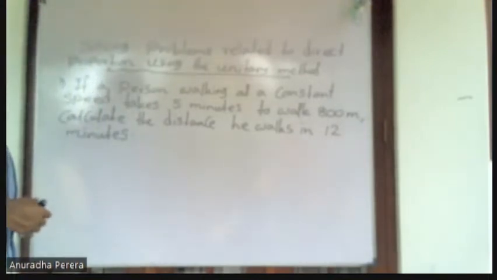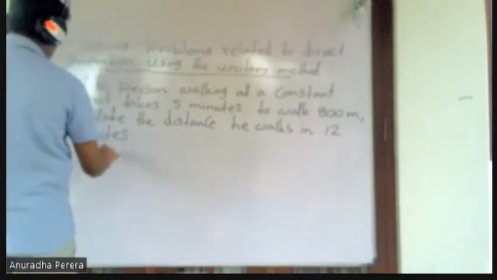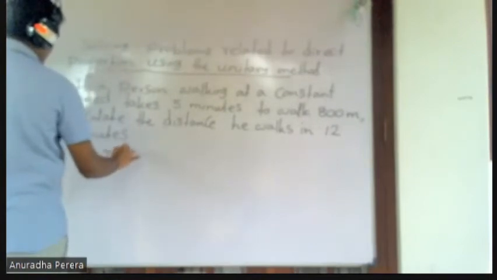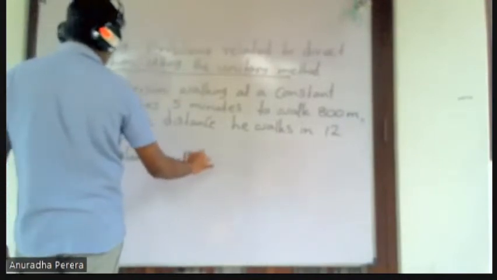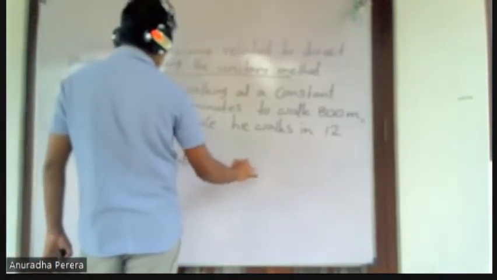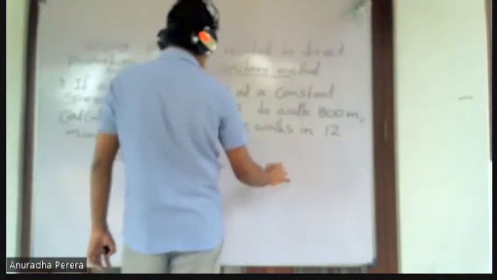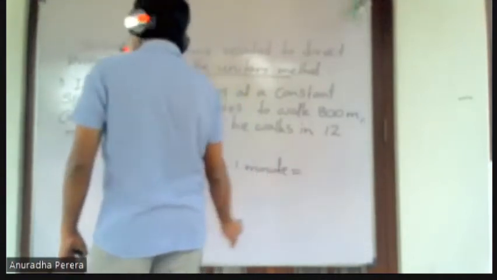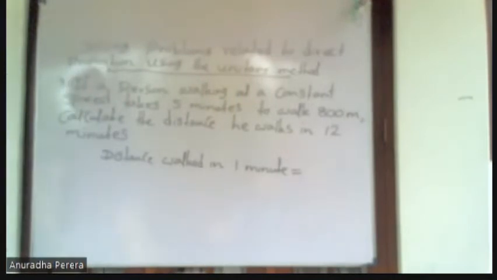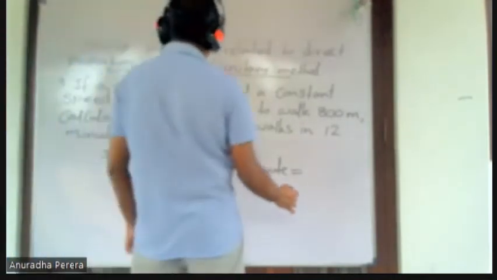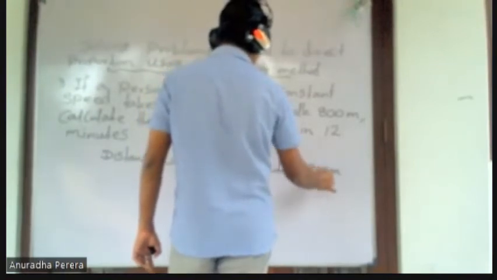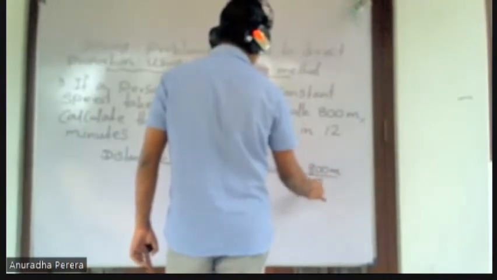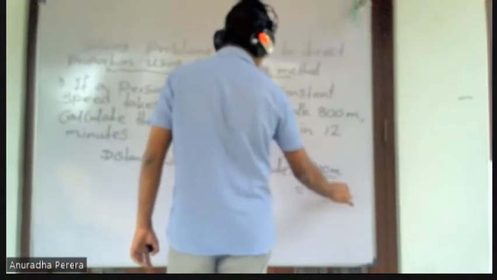First find the distance walked in 1 minute. Divide 800 meters by 5: 160 meters.